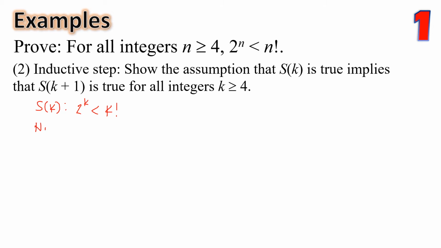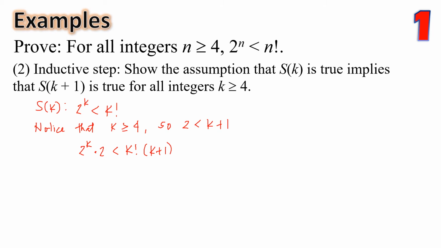Notice that k is greater than or equal to 4. So we have 2 is less than k plus 1. Hence, by the corollary to the multiplication property of inequality, we have 2 raised to k is less than k factorial. Also, 2 is less than k plus 1. We have 2 raised to k times 2 is less than k factorial times k plus 1.